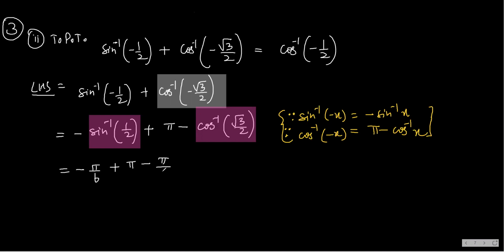Cos inverse root 3 by 2 is pi by 6, because cos pi by 6 is root 3 by 2. So you have pi minus pi by 3, since minus pi by 6 minus pi by 6 is minus 2 pi by 6, which is pi by 3. So the final answer is 2 pi by 3. This is your left hand side.